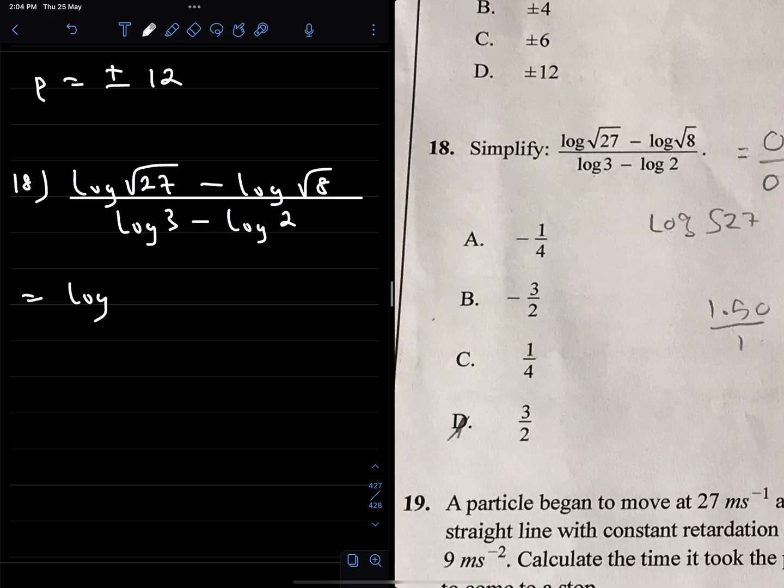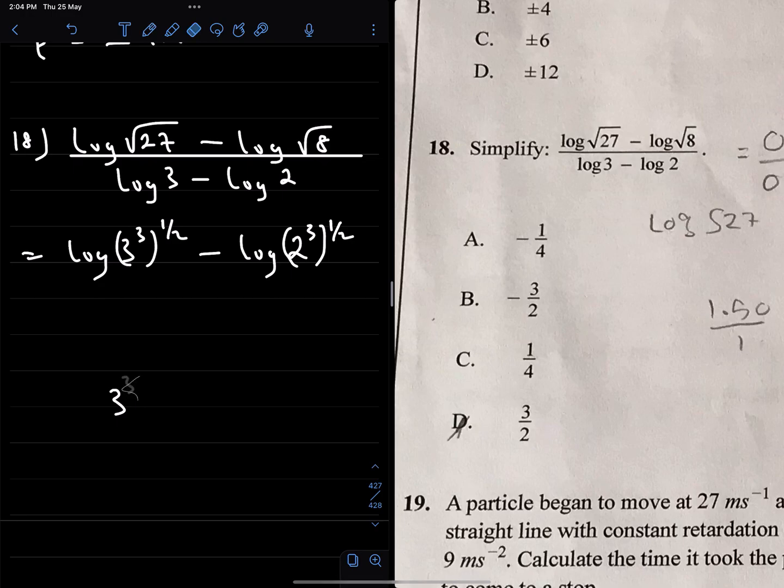Root 27 is the same as 3 raised to power 3 raised to power half, so log root 27 will be log 3 raised to power 3 over 2. Root 8 is 8 raised to power half, and 8 is 2 raised to power 3, so log root 8 will be log 2 raised to power 3 over 2, all over log 3 minus log 2.